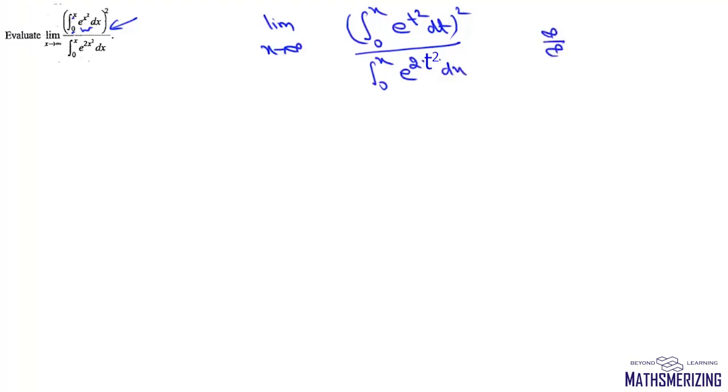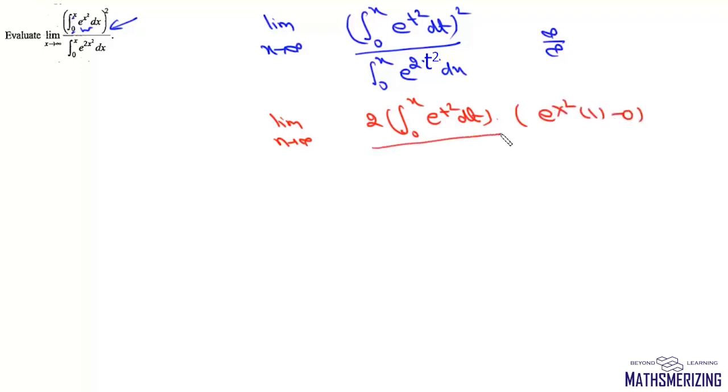So we'll use the Leibniz integral formula. We'll write limit x tends to infinity of 2 into the integral from 0 to x of e to the power t square dt, into the derivative of this function, which will be e to the power x square into 1 minus 0. Then the denominator will be e to the power 2x square into 1.